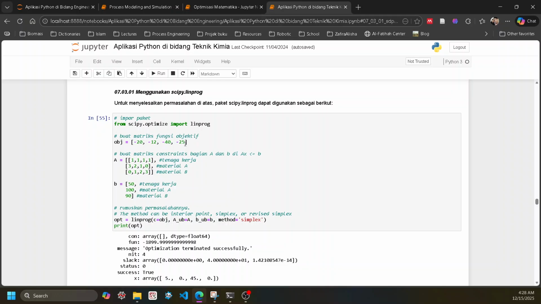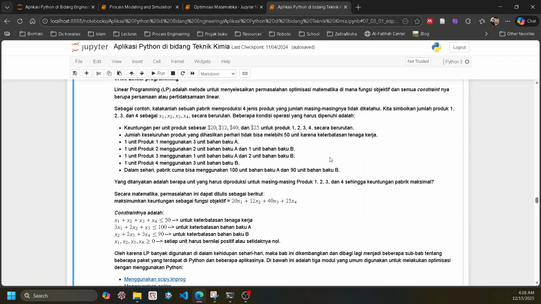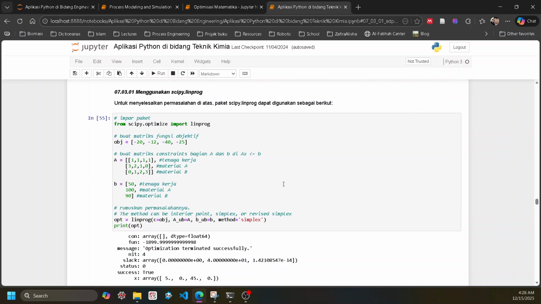We make it negative because we want to maximize the profit, and linear programming by definition is a minimization, so we need to put in the negative.